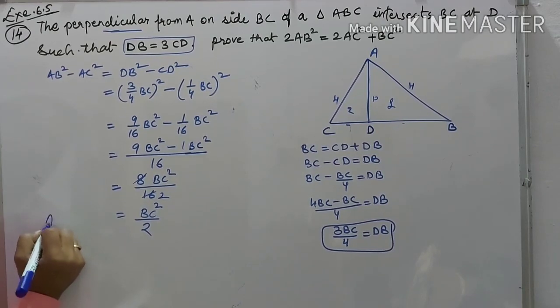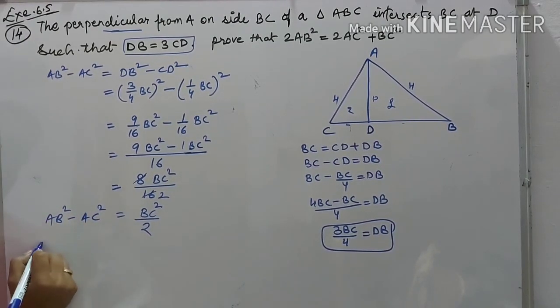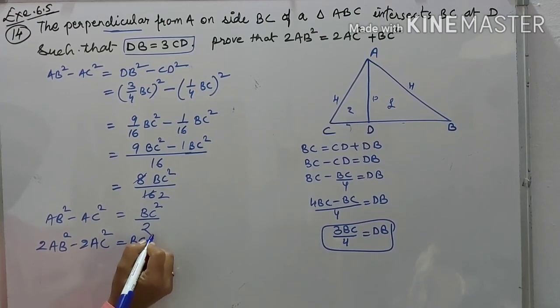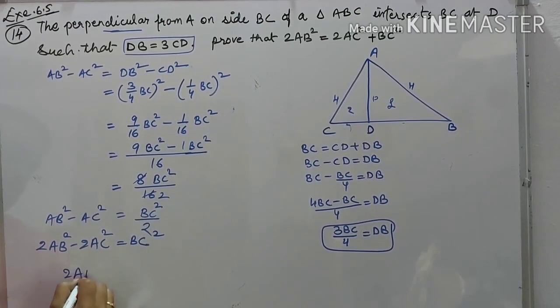The left hand side value is AB square minus AC square. 2 will be transferred, so you write 2AB square minus 2AC square is equal to BC square. Here we find 2AB square is equal to, transferring, 2AC square plus BC square.